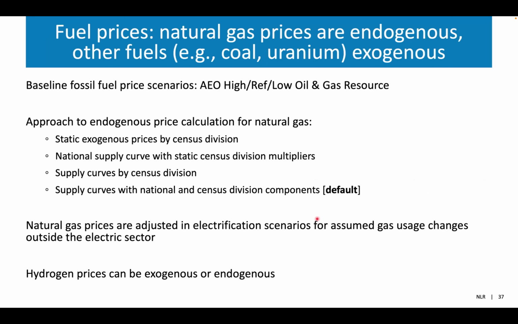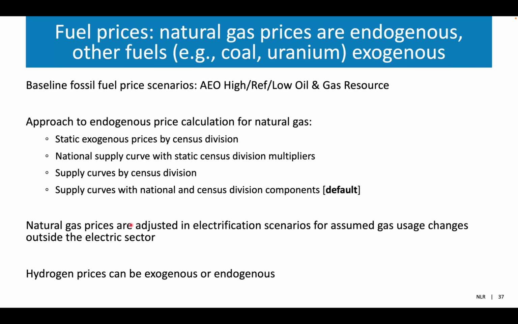So coming back to fuel prices, coal and uranium fuel prices are defined exogenously at the census division level and have a single reference price scenario, reflecting the relative inelasticity of the fuel price. Static natural gas prices can also be defined exogenously, but contain an additional low and high gas price sourced from the EIA's Annual Energy Outlook and updated annually.